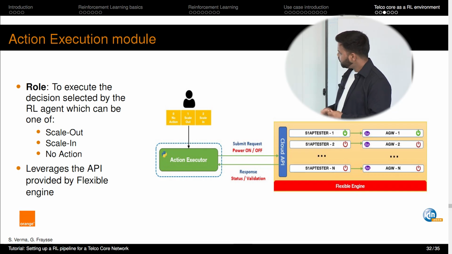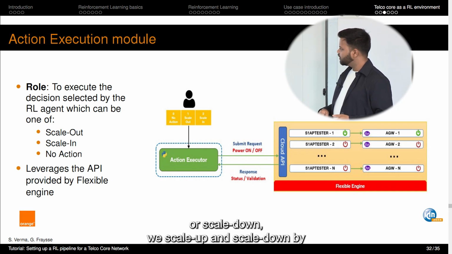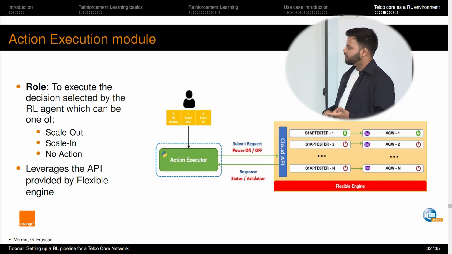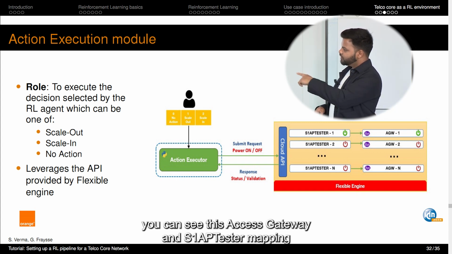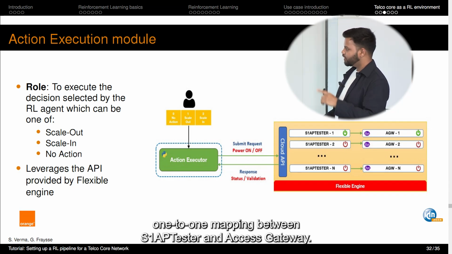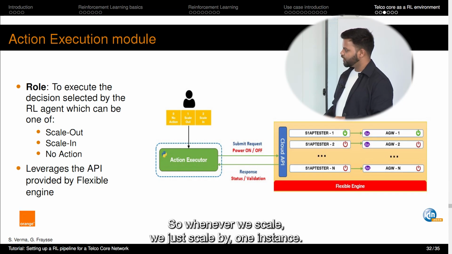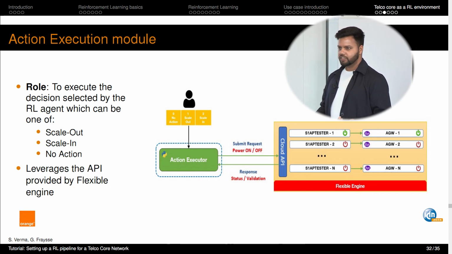So it is just to maintain the current state of the system as it is. So in our scenario, when we scale up or scale down, you can see this access gateway and S1 AP tester mapping. There is a one-to-one mapping between S1 AP tester and access gateway. So whenever we scale, we just scale by one instance.